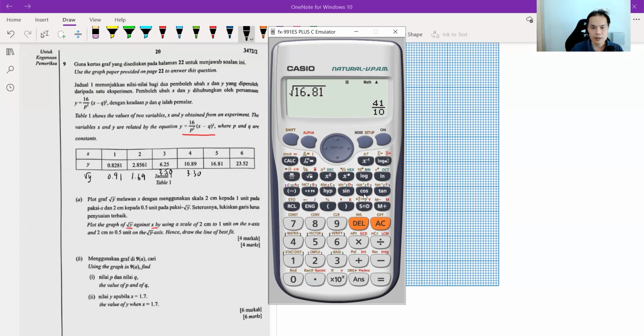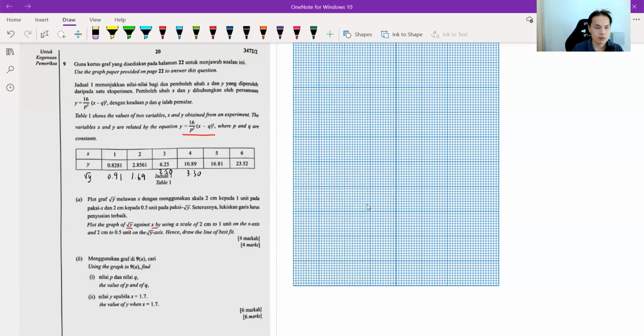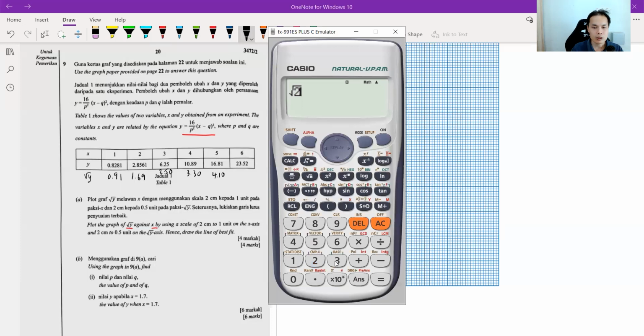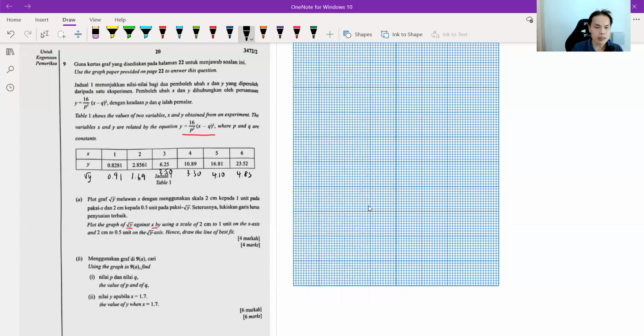This will give us 4.10. And lastly, square root of 23.52. There you go. You will get 4.85.